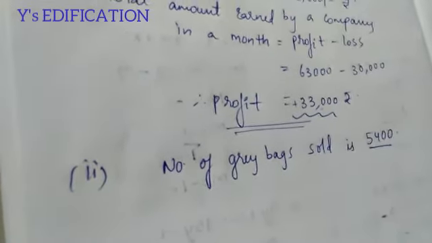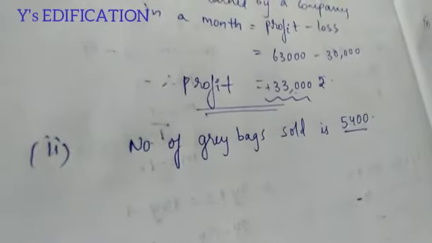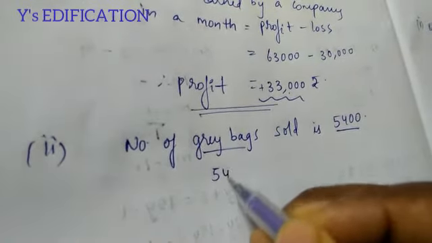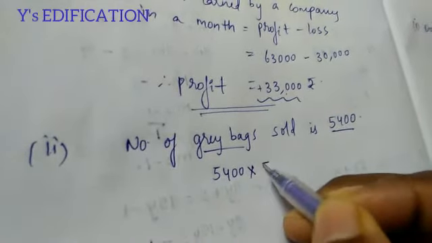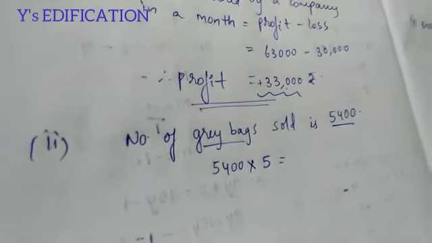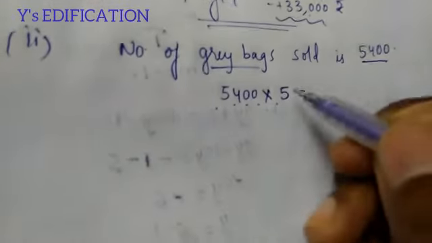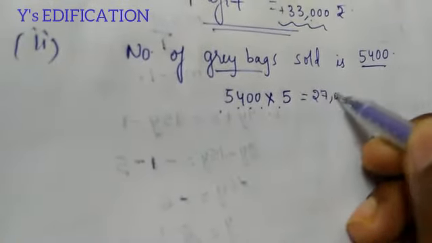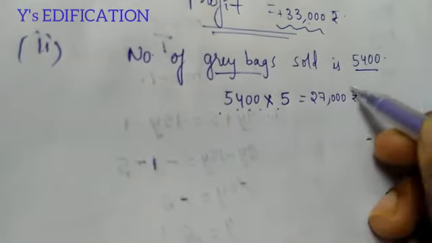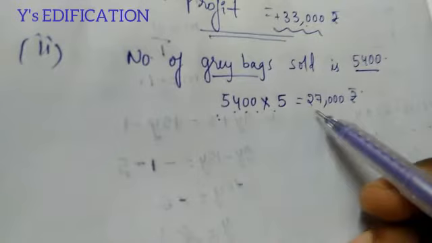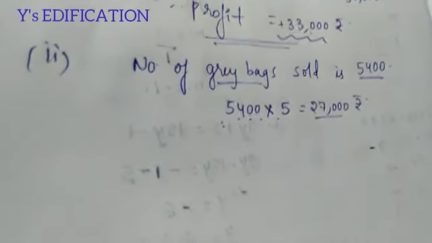So this is a grey bag, so they will get a loss. For one bag there is a 5 rupees loss, so for 5,400 bags, how much is the loss? 5,400 into 5 is 27,000 rupees loss.